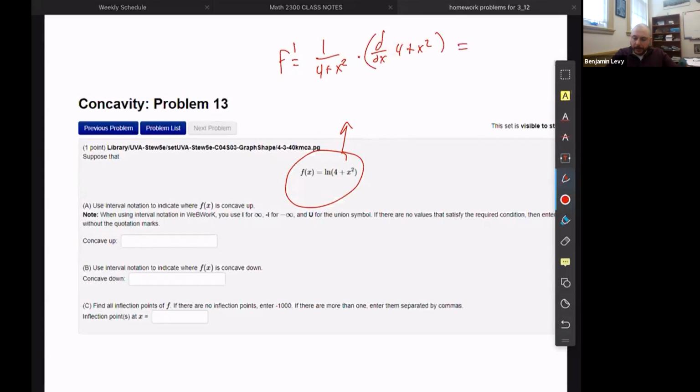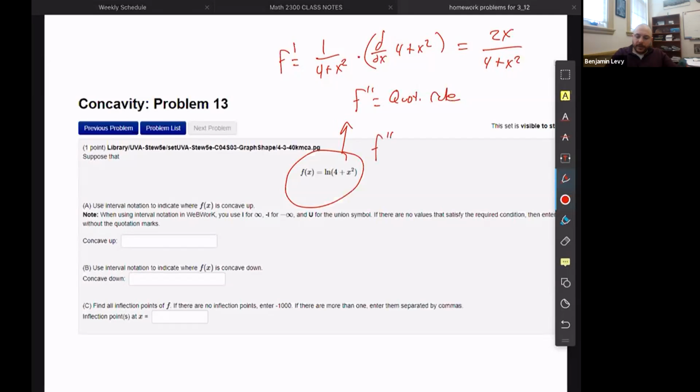Which is going to be 2x over this. And so then when you do the second derivative, it's going to be a chain rule, I mean, a quotient rule. But not a bad one, because there's a bunch of polynomials that are actually not too ugly.